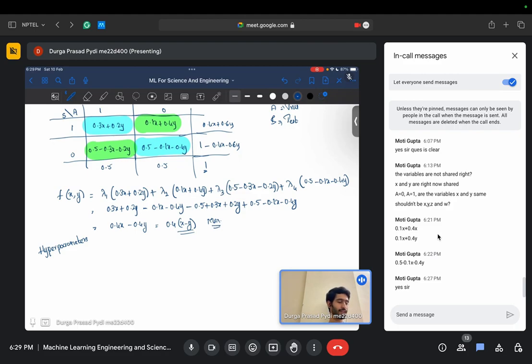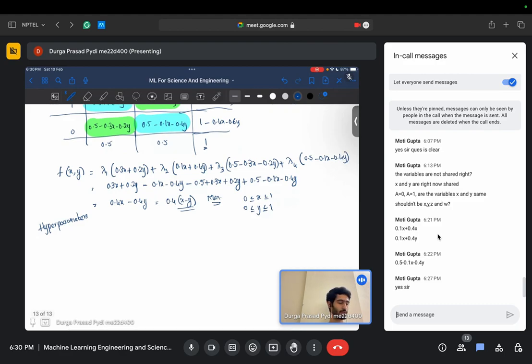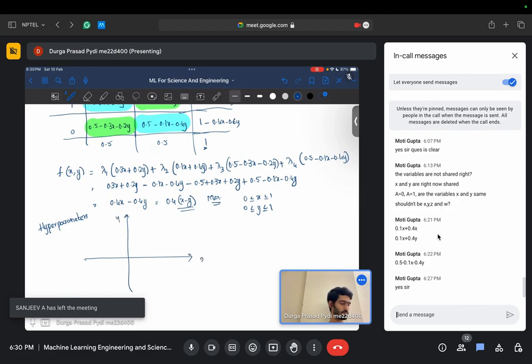I already know that x and y are probabilities, so there are some constraints on x and y. Both should be 0 to 1. So this is my function. This is something similar that we have solved. So there is the domain 0 to 1.